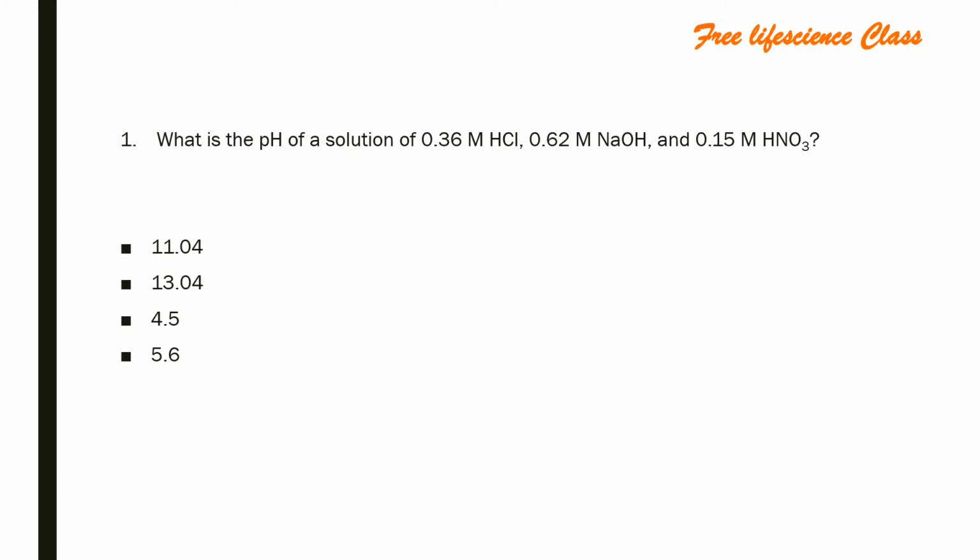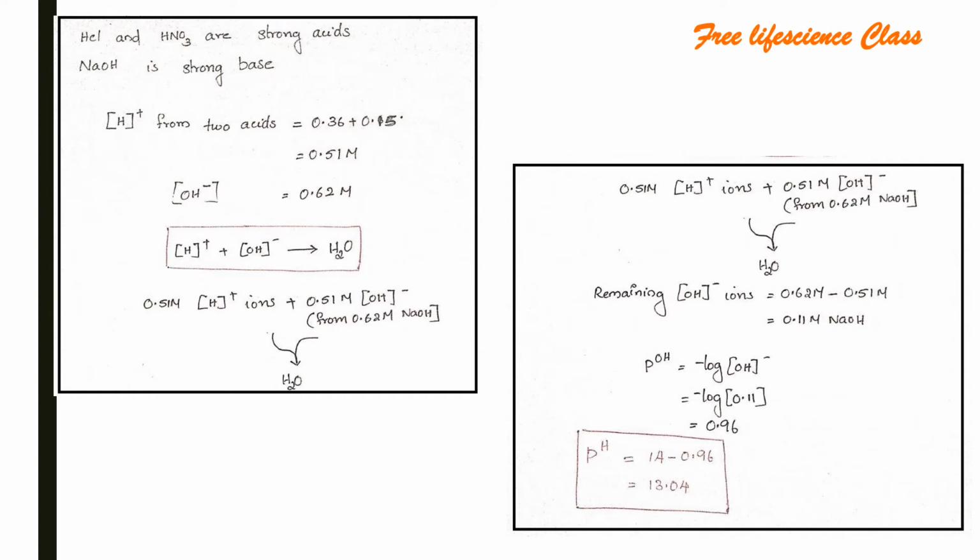To find that, we have to calculate the correct molar concentration of acid and base in the solution. That is, we have to find the number of H plus ions and OH minus ions in the solution. Then only we can find the pH. Okay, how to find that? This is the way we have to find.